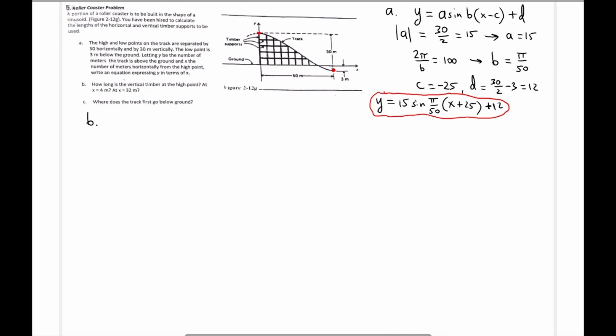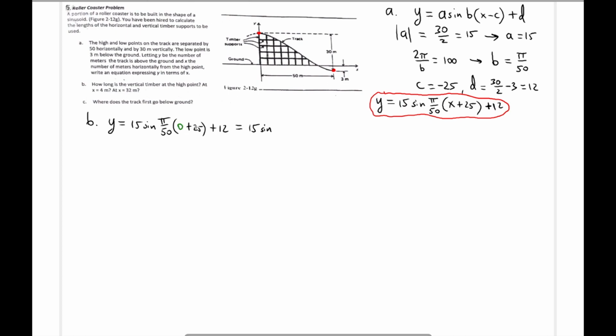So let's determine that. So we're going to do y equals 15 sine of pi over 50, and then take the 0, because that's where the x should be plugged in, plus 25, plus 12. All right, so that's going to be what? That's going to be 15 sine.